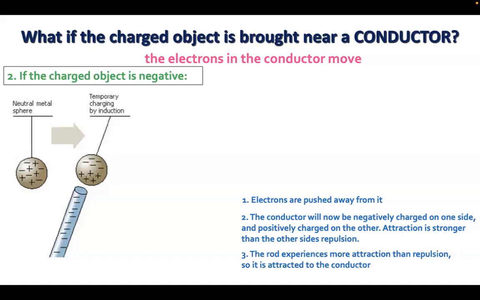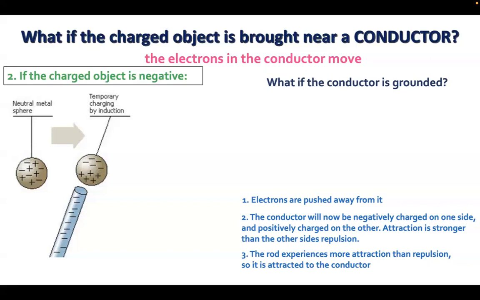So let's do the earthing step again. What if the conductor is grounded or earthed? What will happen this time? I want you to guess. What will happen, Malek, if I allow a pathway for charges from the ground?